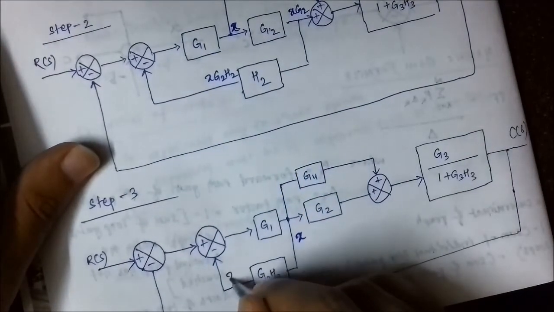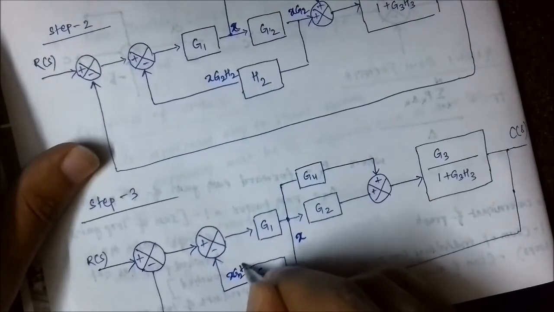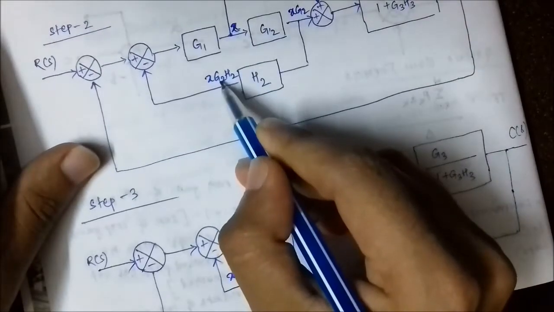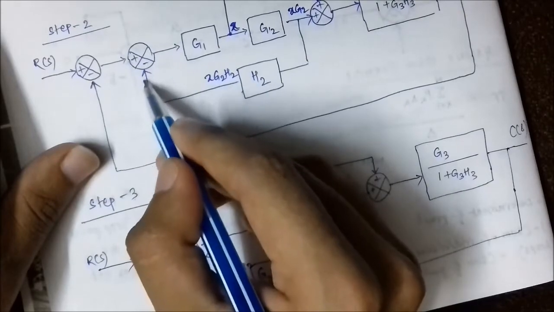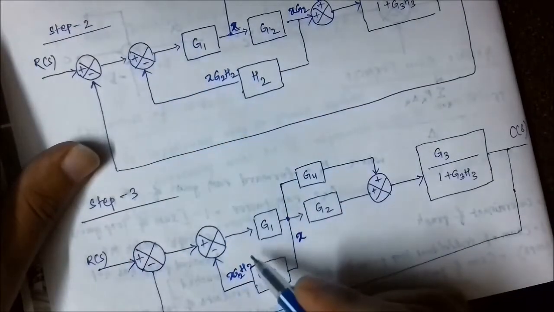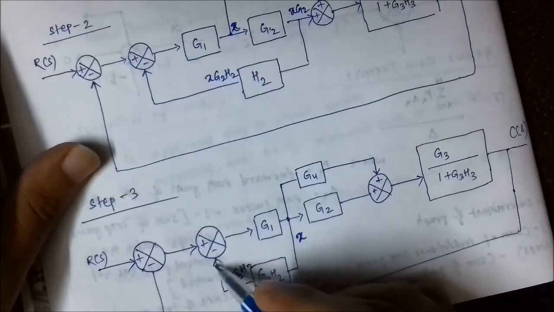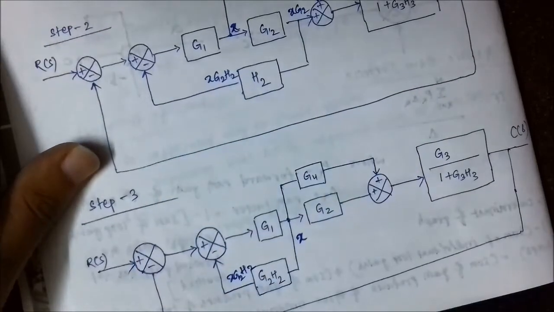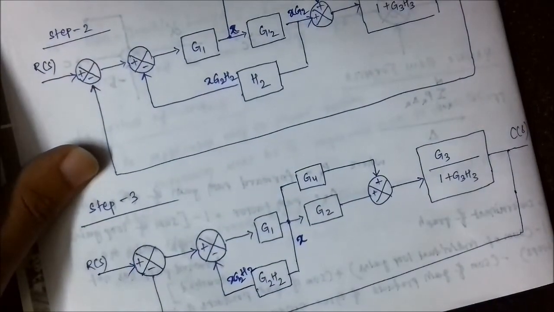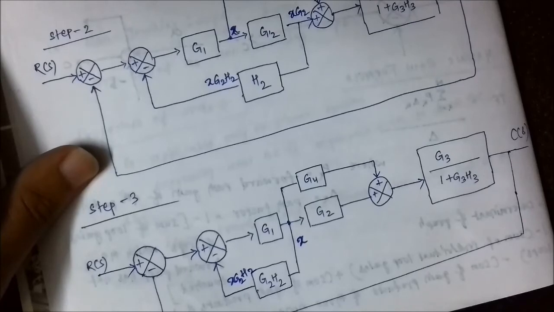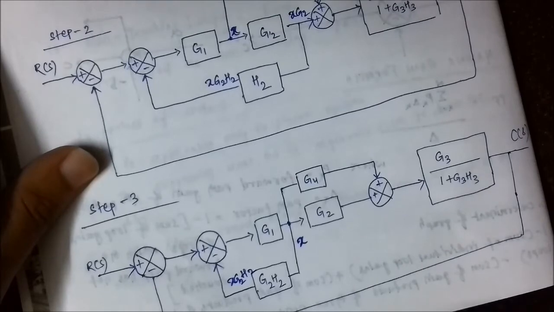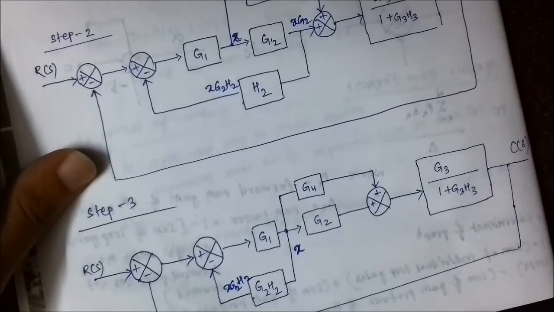So here the net output is X G2 H2. Here also the signal value to this summer is X G2 H2. Here also the signal value to this second summer is X G2 H2. We have not altered the signal value. Please rewind this video to understand it clearly. I may be speaking a bit fast.